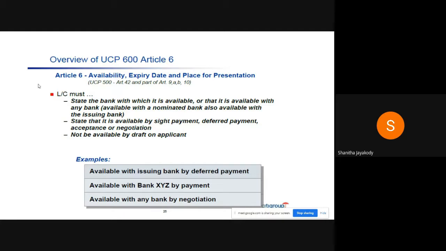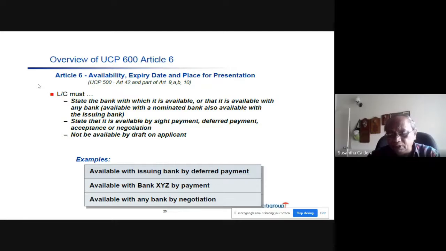The beneficiary is the one who prepares the draft. Then how can it be on the beneficiary? What a mix up now.